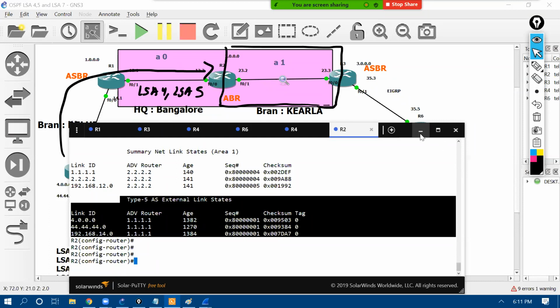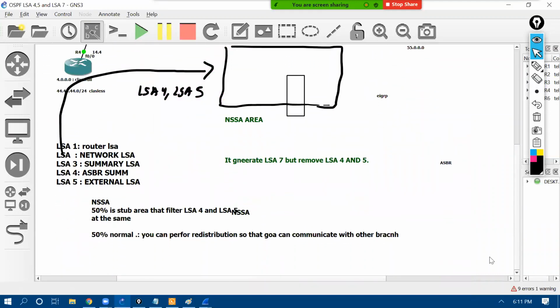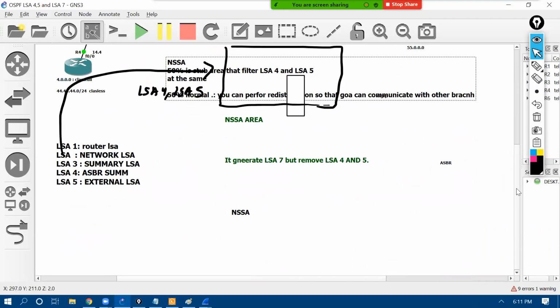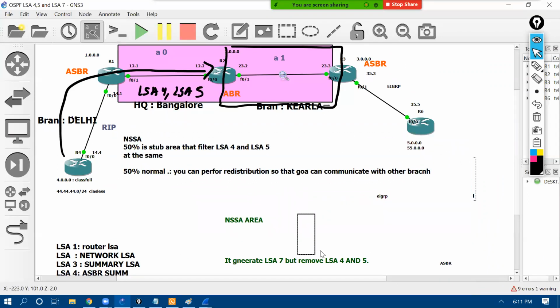And NSSA behaves like 50% stub, 50% not-so-stubby, normal area. So still they behave like a stub, right?